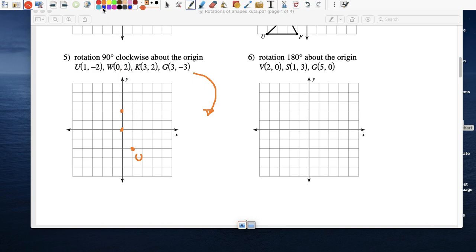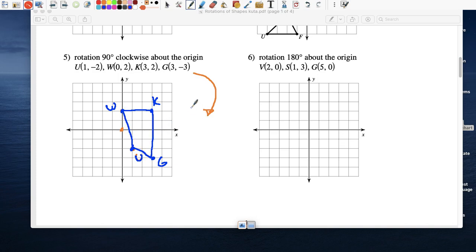Let me change color again. This is W. Point K is 3 and 2. And point G is 3 and -3. Right, so if we connect it, quadrilateral.